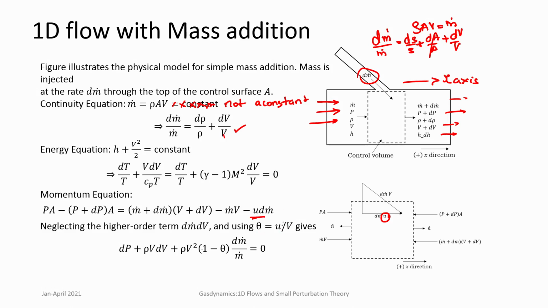Now, this u by V, the component of the velocity of the injected flow in the x direction, is given the term theta, it is a parameter in this problem. So now you can divide the entire equation by m dot, and this equation can be got from here.